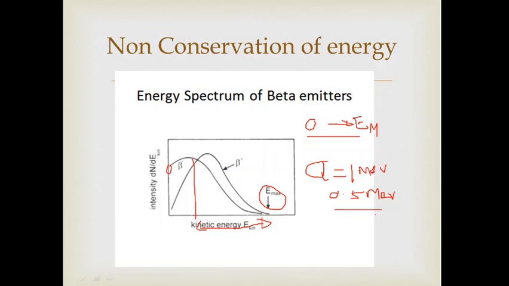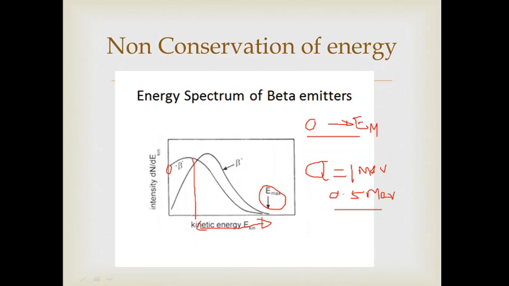Or if the energy of the beta particle is 0.3, then what happens to 0.7? If the beta particle energy is 0.2, then who takes away the remaining 0.8 MeV? These are all very high values of energy which can be measured in any experiment. So the question was the missing energy to be accounted for in the energy spectrum of beta particles.